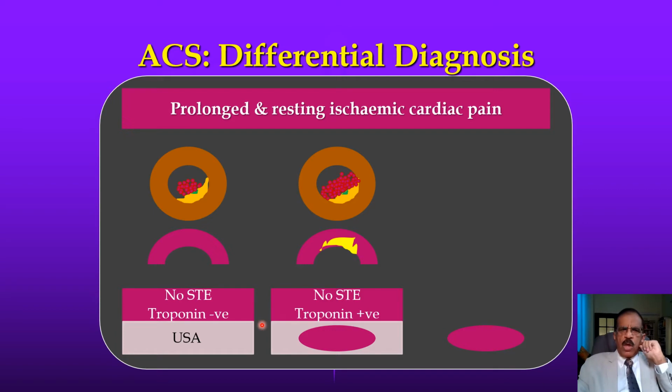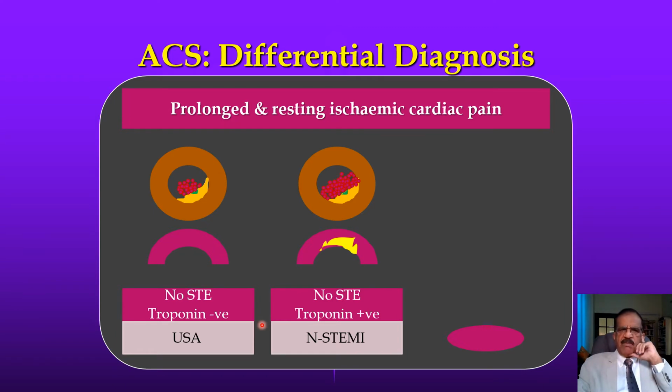So out of acute coronary syndrome, if ECG does not show ST segment elevation, it may show something else, but troponins are positive, that would suggest the diagnosis of NSTEMI. That means non-ST segment elevation myocardial infarction. You could also call it non-ST segment elevation acute coronary syndrome.